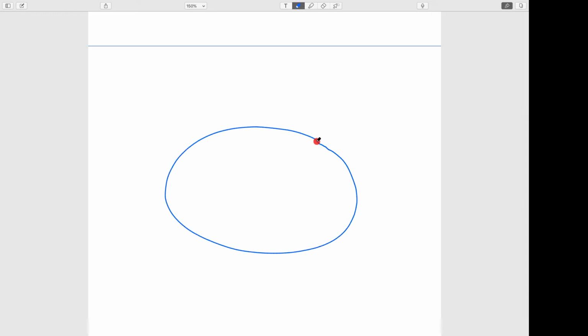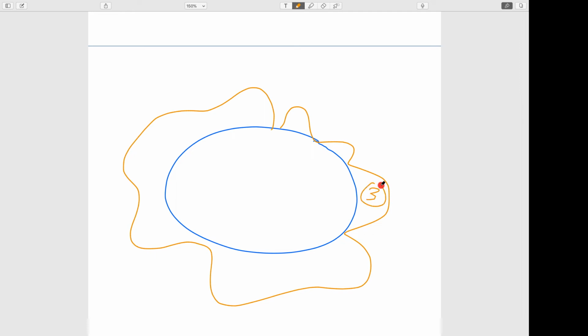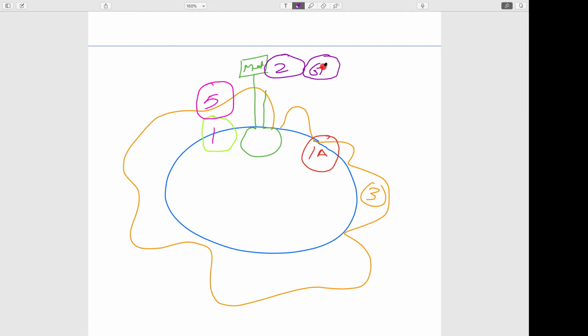It is like this: factor 3, then 1A, then 1 and 5, then methionine, then factor 2 and GTP. Then ultimately we have this.